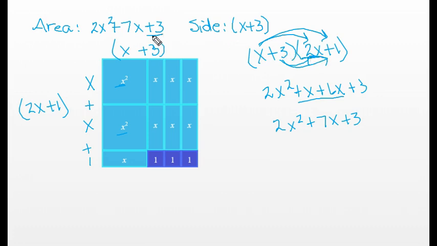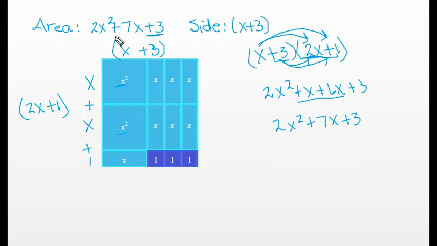Additionally, I know that these constants have to multiply together to give me a positive 3. That could be a positive 1 and a positive 3, or a negative 1 and a negative 3. Both of those would give me positive 3 as a product.